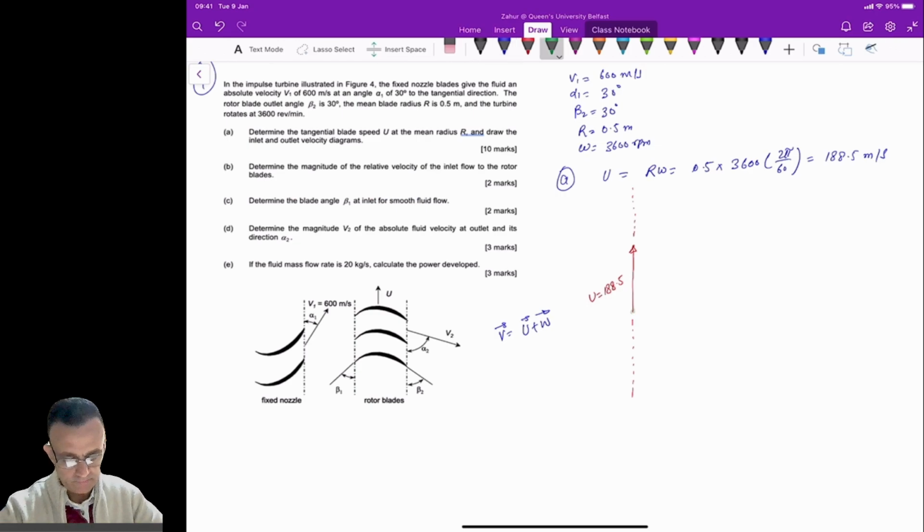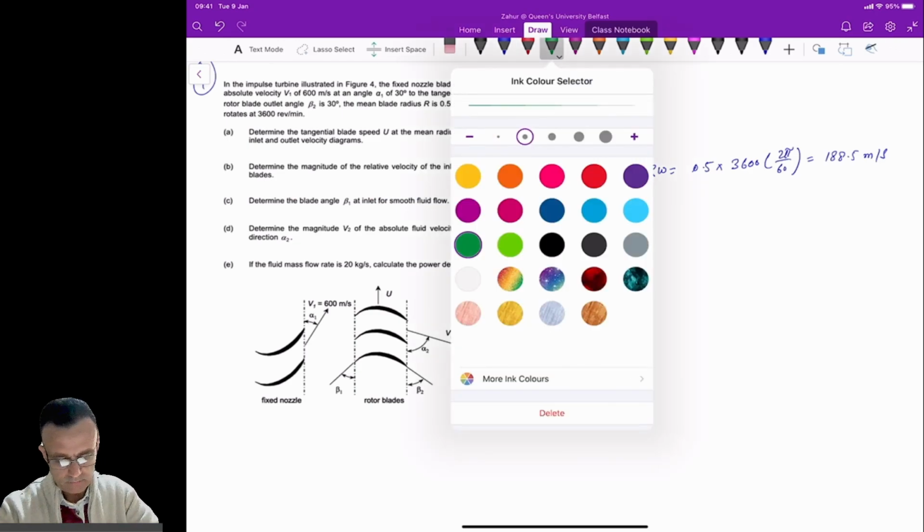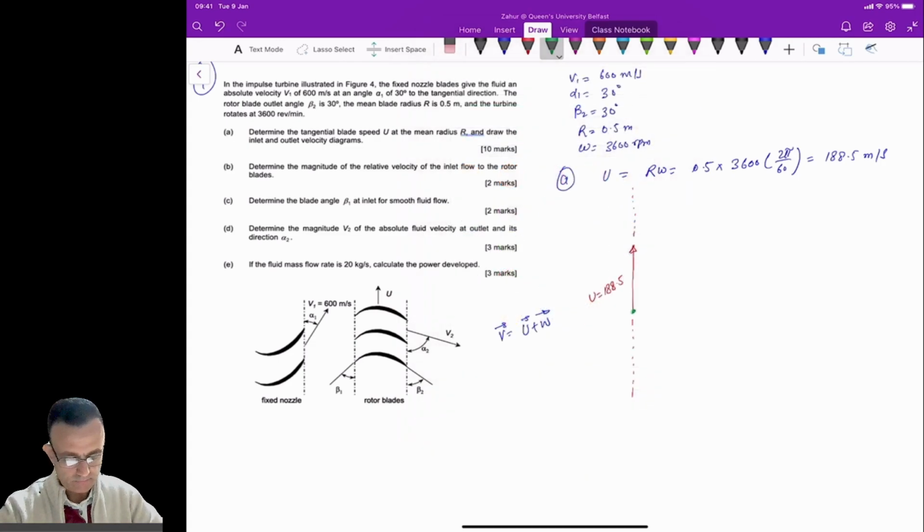So this is our v1, which is 600 meters per second, and then w is obviously this here.